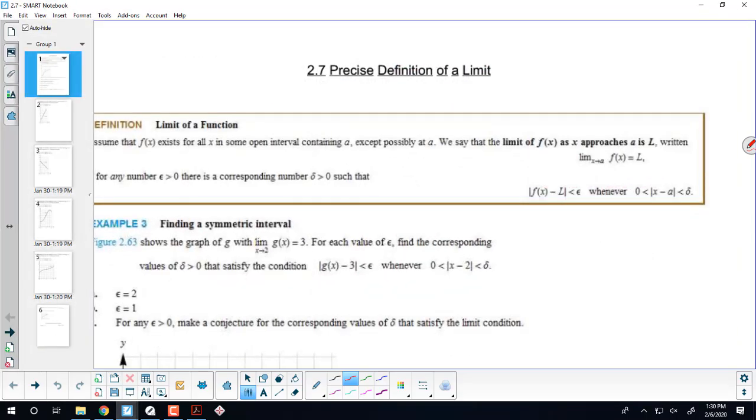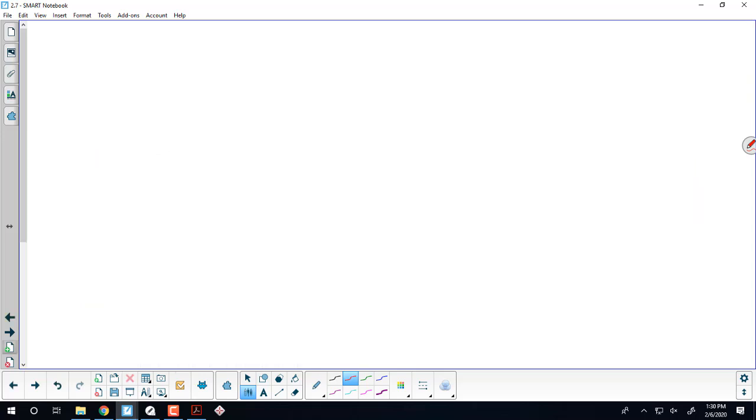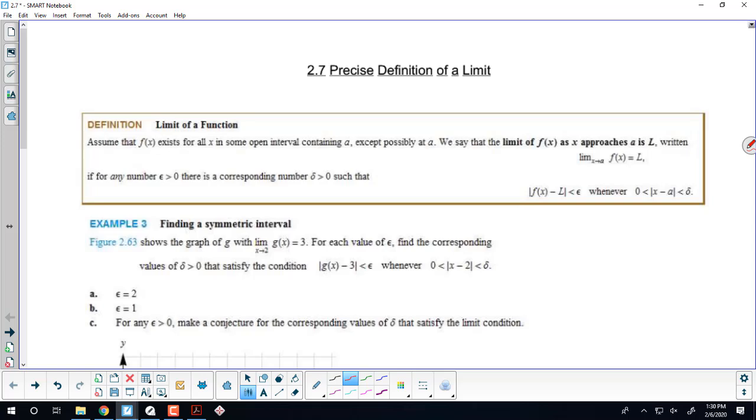Before we actually talk about the definition of a limit, we're going to look at a concept.